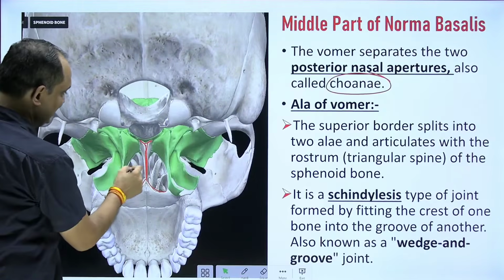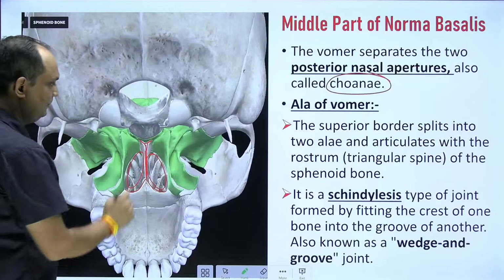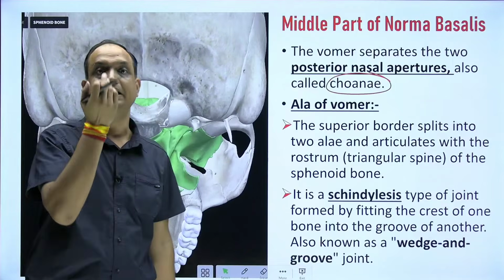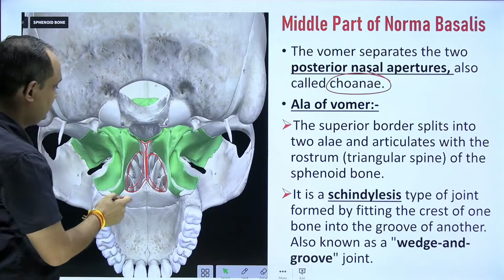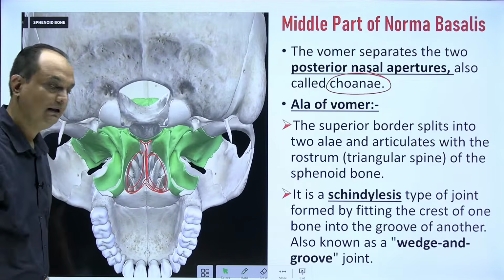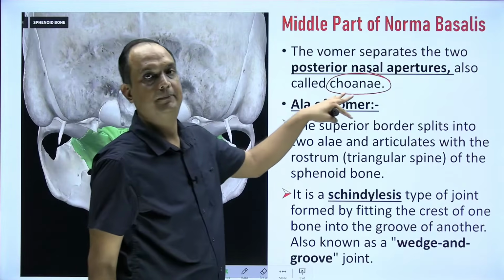On both sides of the vomer bone you will find two openings, the posterior nasal openings, which lie in the posterior upper part of the hard palate and are divided by the midline vomer bone. These are known as choana.